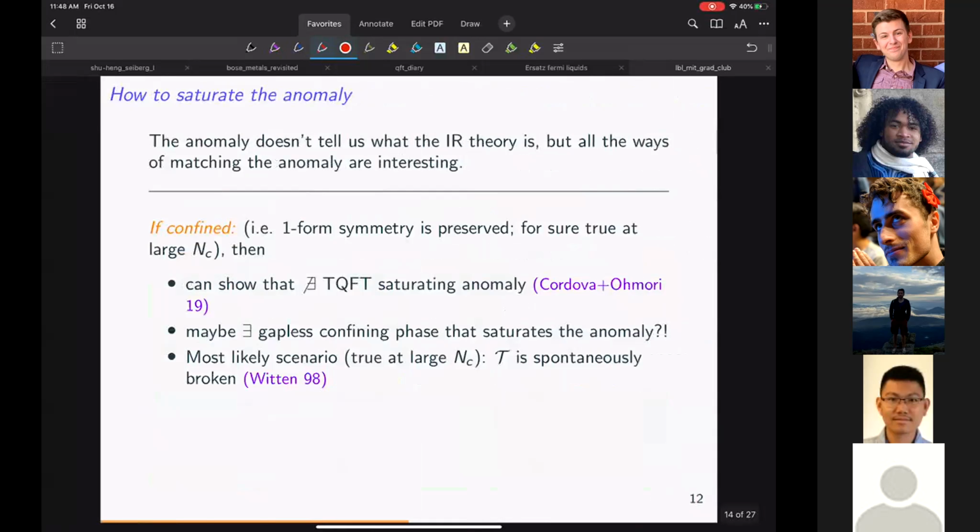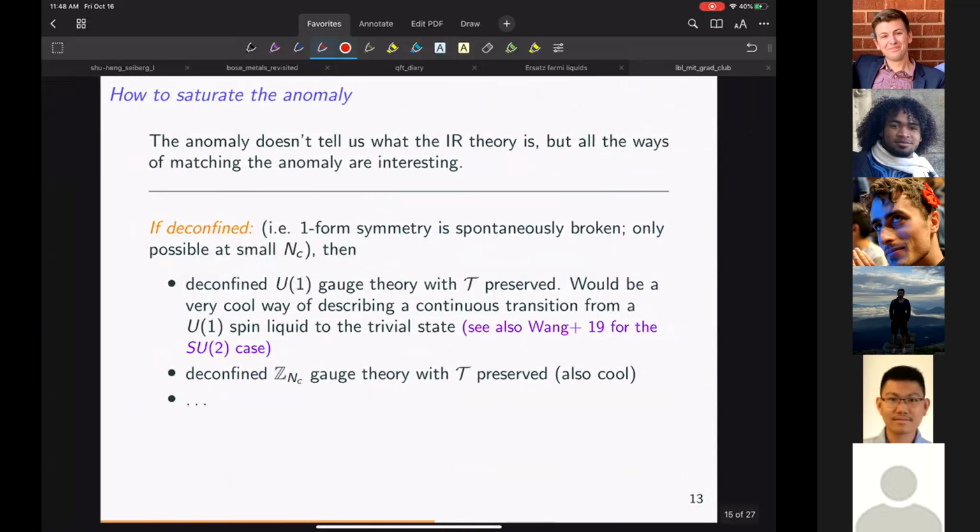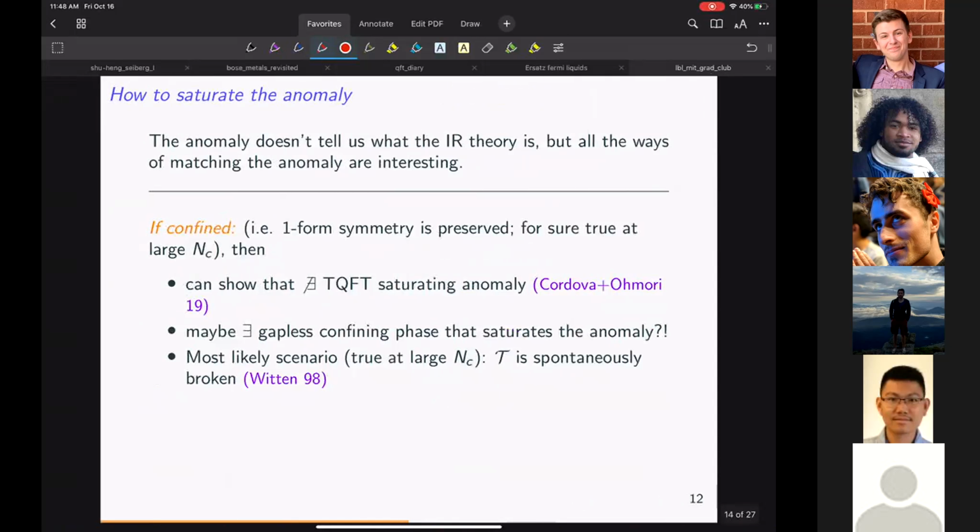You can of course ask me later if you want to go into this in detail, but you can argue, at least when NC, the size of the gauge group, is relatively large, by large I mean like 4 maybe, or larger, that this question mark that I wrote down over here is trivial.